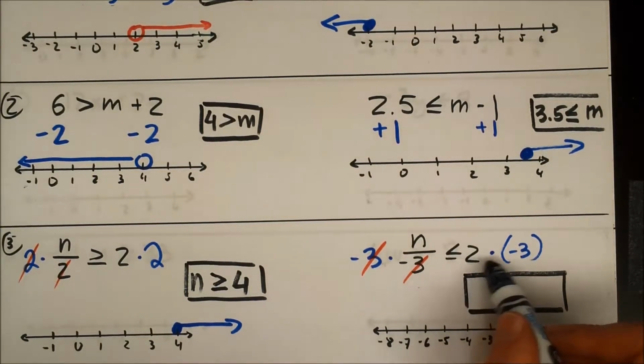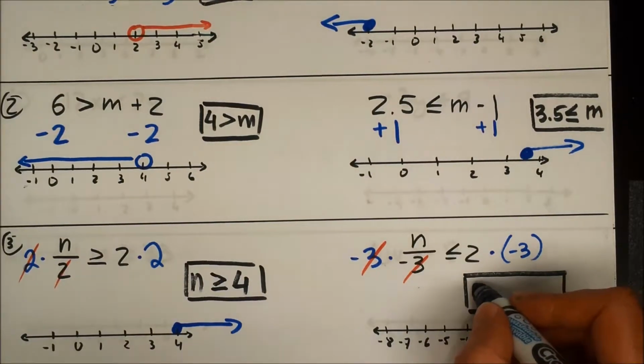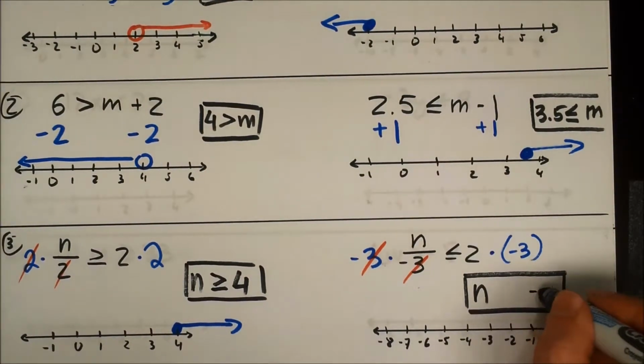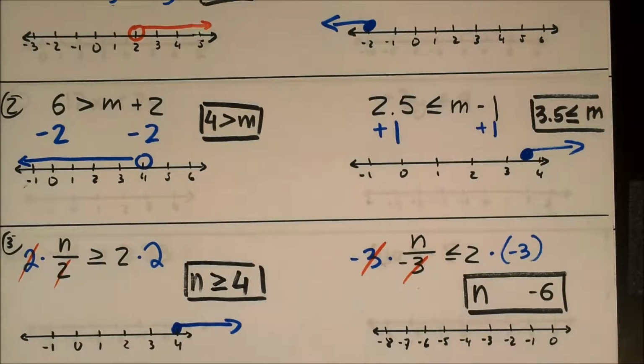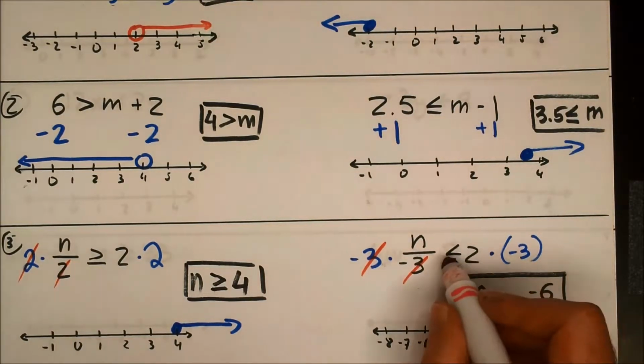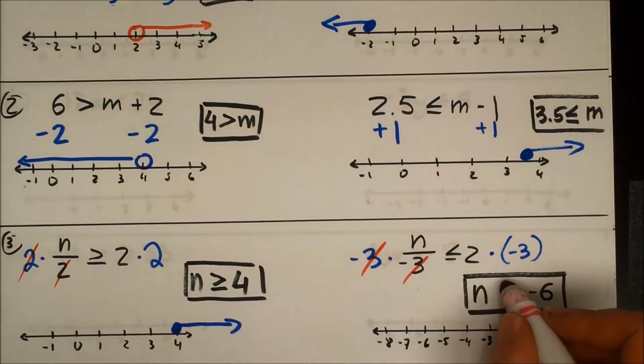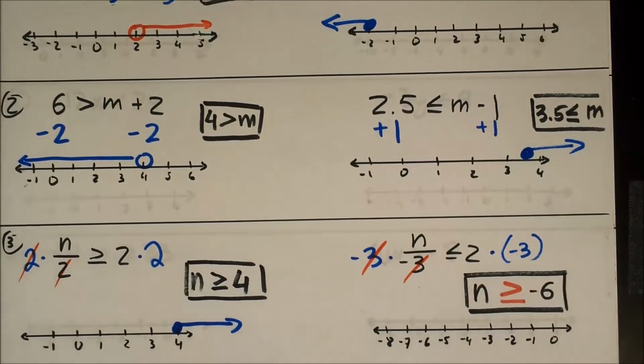And 2 times negative 3 is a negative 6. And I have to flip because I'm multiplying by a negative. This is the first time this is happening. So instead of having the sharp end point at the variable, now I have the mouth pointing at the variable. The flip happened. Yes, we're going to call it the flip.